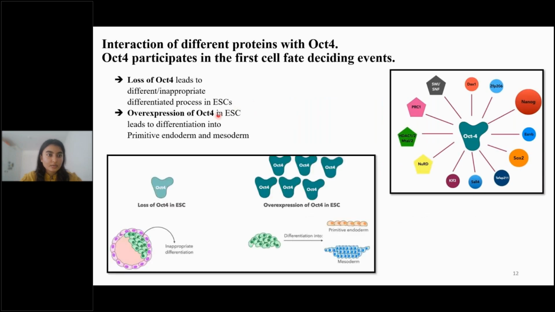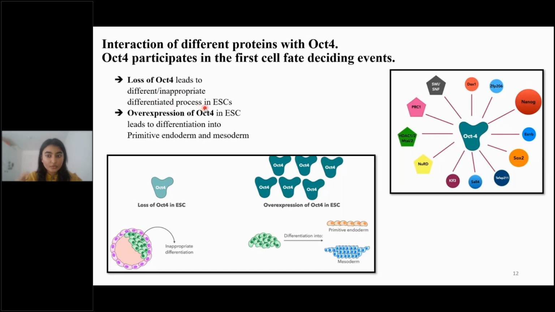So, the interaction of different proteins with OCT4. OCT4 is not only going to interact with SOX2 and NANOG, but there is a whole lot of proteins you can see. OCT4 participates in these first cell-fate-deciding events. What does it mean? If the amount of OCT4 protein in the cell is less, it leads to inappropriate differentiation in the embryonic stem cells.